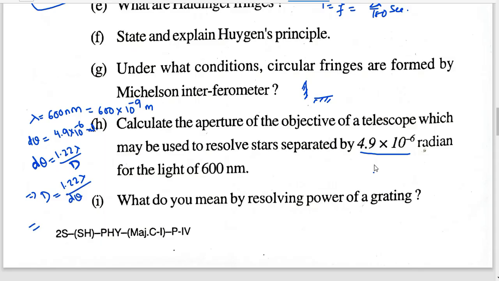Now put the values: 1.22 into lambda, where lambda is 600 into 10 to the power minus 9, divided by d theta, which is 4.9 into 10 to the power minus 6. All are in SI units, so you can use the values and calculate to get the answer. Now let's move to the next question.